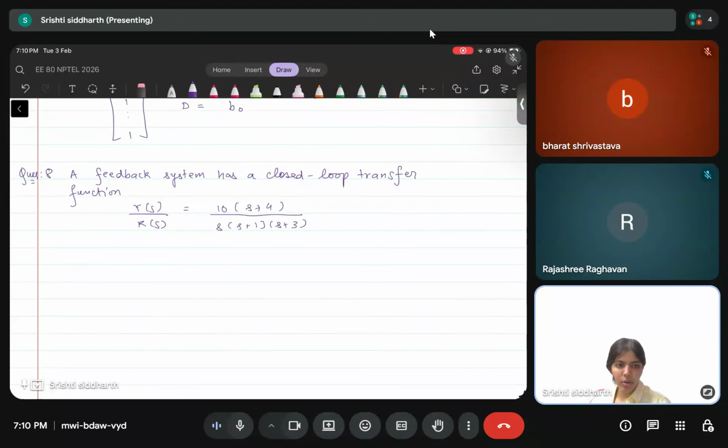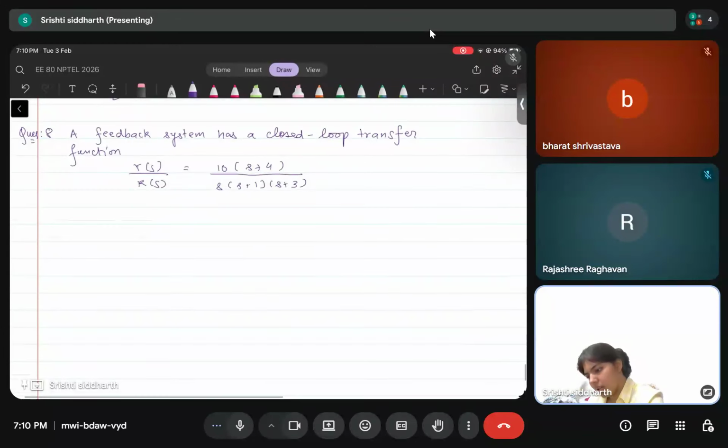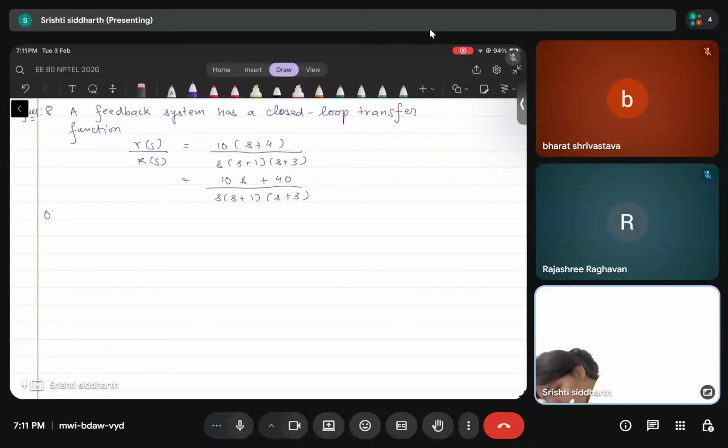So the denominator has already been simplified. We have to obtain the diagonal canonical form for the above system.